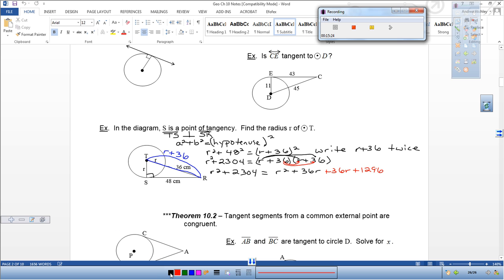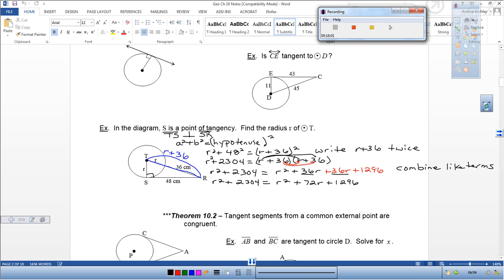Okay, so now from there we have to combine our like terms. So we have the 36 and the 36 over here. We get R squared plus 2,304 equals R squared plus 36 and 36 is 72 R's, then plus 1,296.